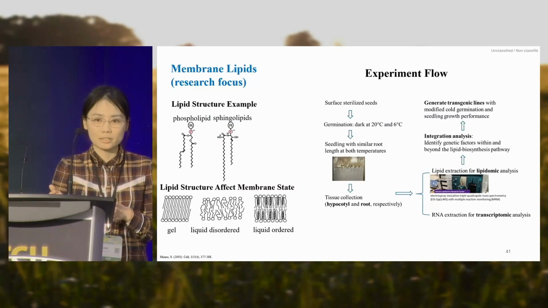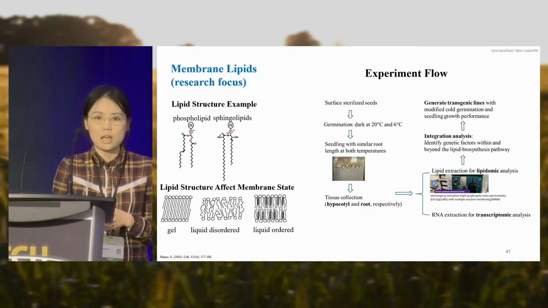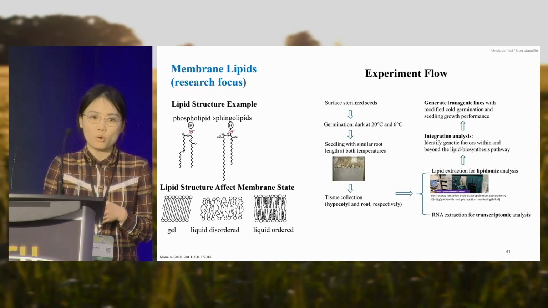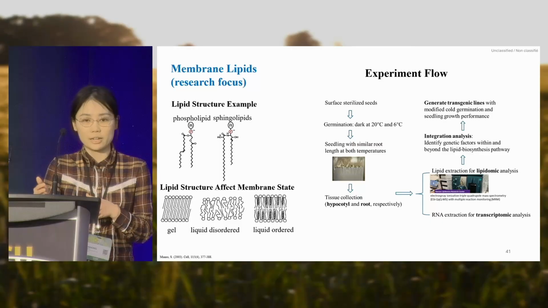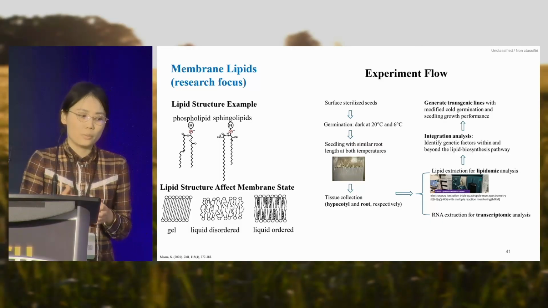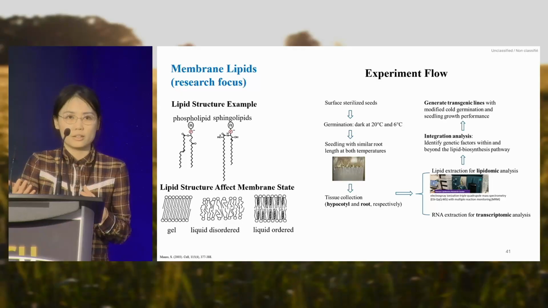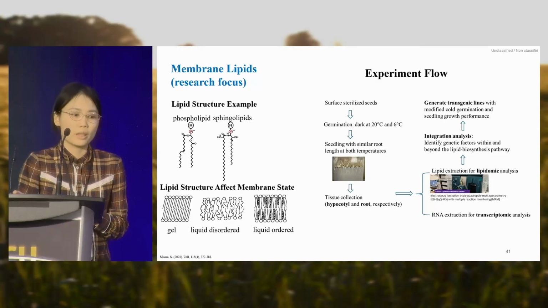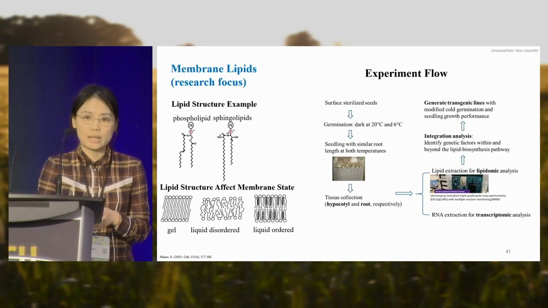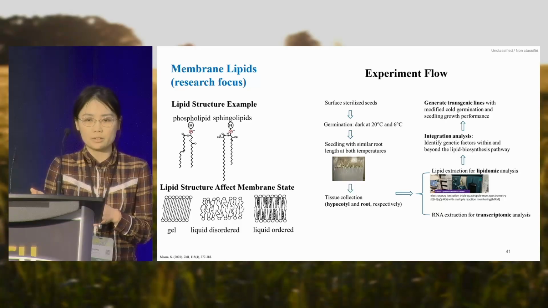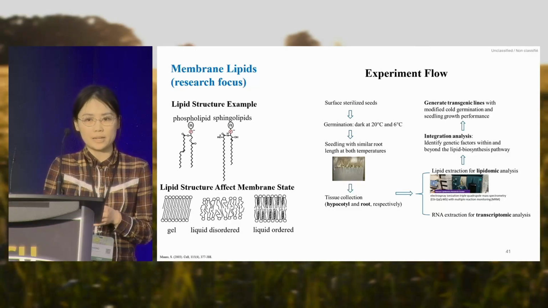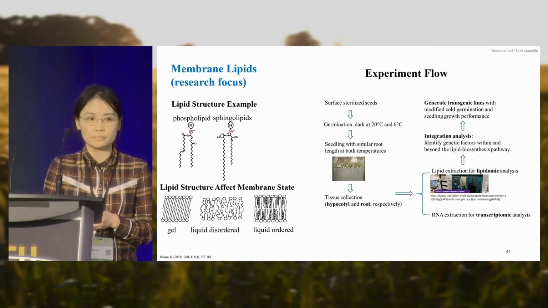Considering the complexity of the germination process, for feasibility we want to be more focused instead of investigating a large, broad area. We think membrane lipids could be a good research target because previous studies have shown that membrane lipids are associated with how plants adapt to temperature changes.